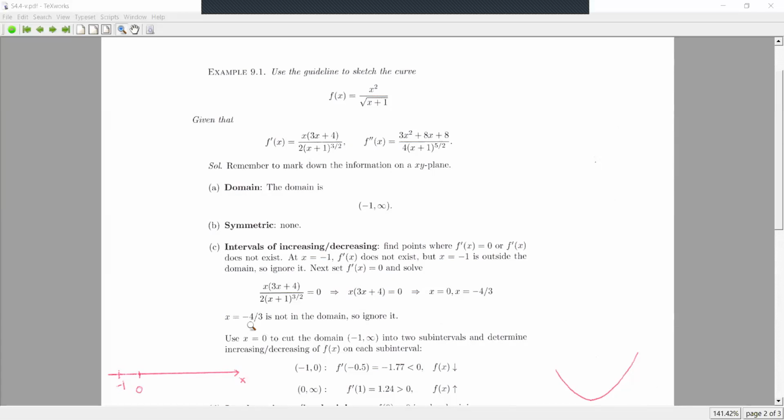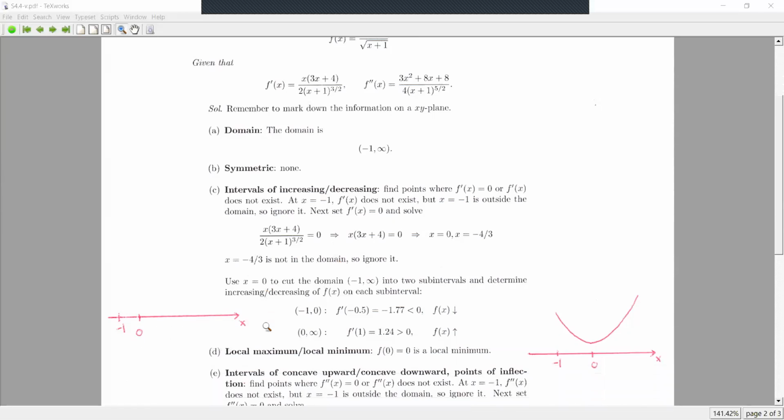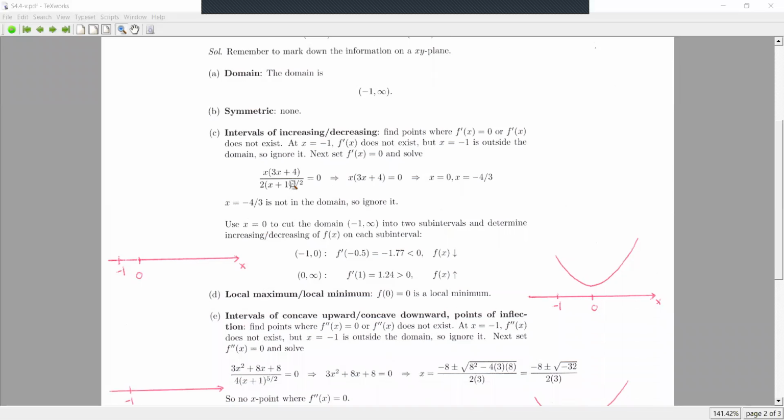Again, -4/3 is outside the domain, so I ignore this point. Therefore, only 1 point inside the domain where the derivative is 0 or doesn't exist. The point is 0.